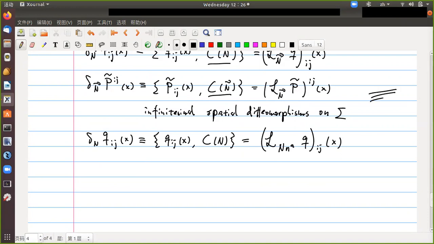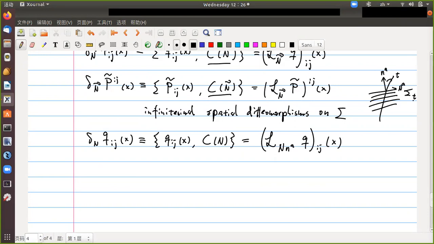Remember, this is our spatial slice, and this is our time, and this is the normal direction. Then you have the shift vector, which is the spatial direction along sigma.